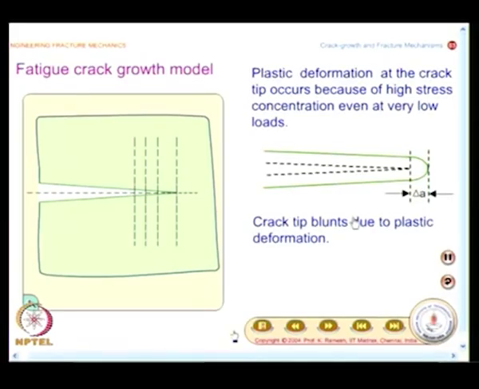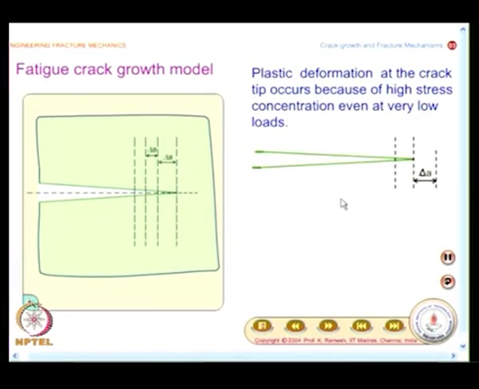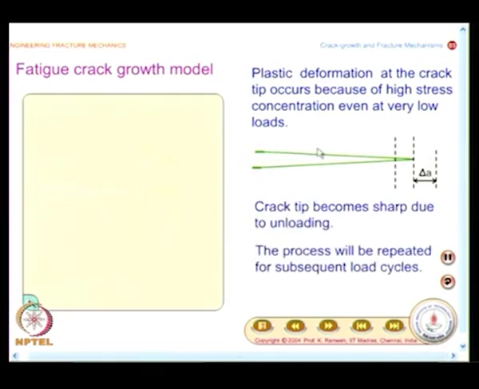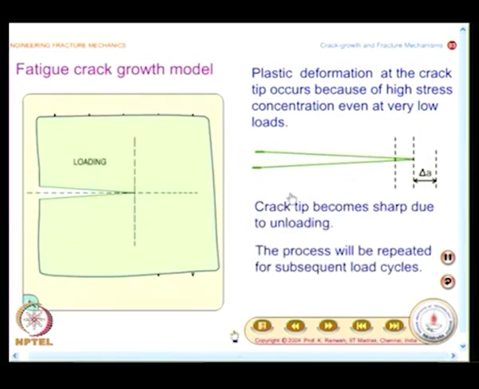All this happens during loading, and when the load is removed, when you go through the cycle, the crack tip becomes sharp. Because when you have cyclical loading, it moves up and down.